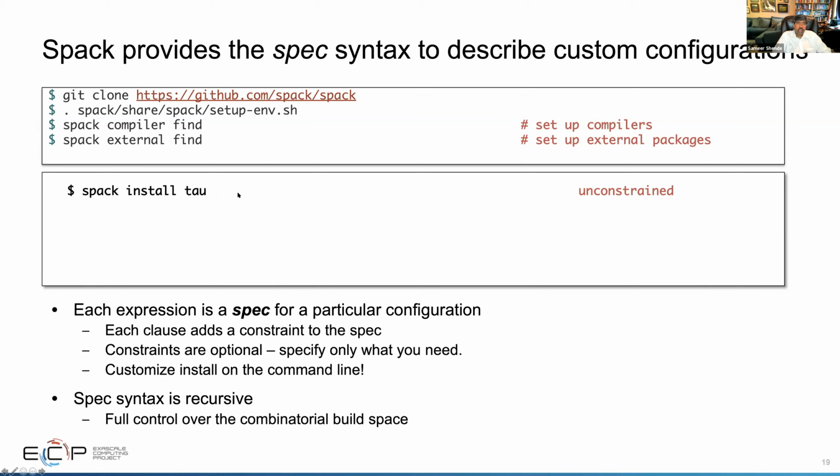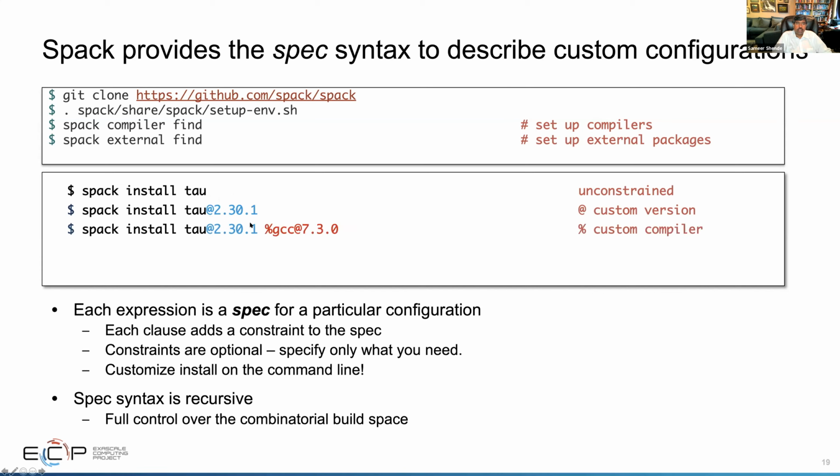Now, I mentioned that Spack understands versions. So instead of installing the default version of TAU, you could specify a given version and say, please install tau@2.30.1 by using this @ symbol. Now, @ specifies the version of the software.